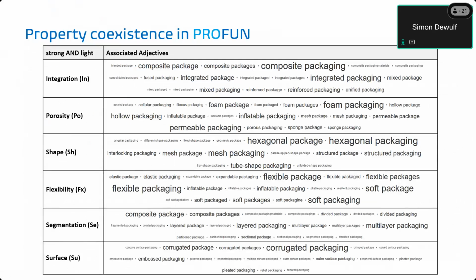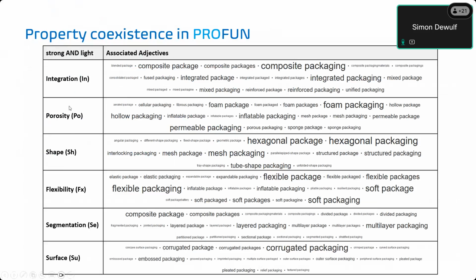Now, immediately, the first thing you get from Profile is that strong and light has been shown in other domains to change these properties. It could be a Formula One car or an airplane, and they've all got integration matrix and the principles.